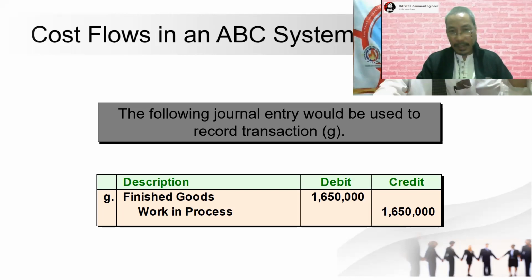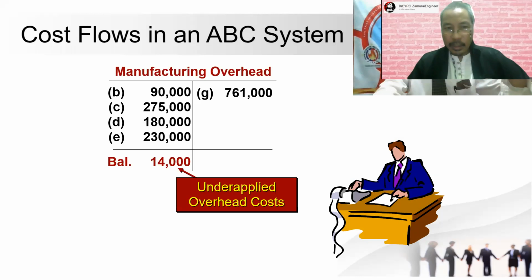After journaling, we have the ledger. Posting is the terminology we use when we are recording into a ledger. Recording to a ledger means posting. Or we can also use T accounts.